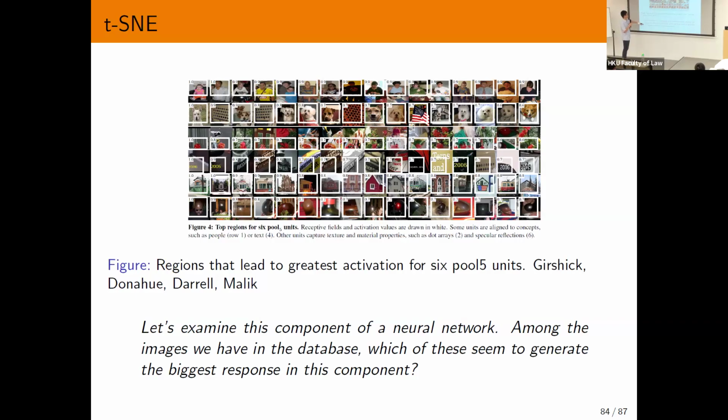These authors picked a component and saw the parts of the images that had a big response. Each of these rows represents one component. You can see in this bottom row it's all shiny dots.